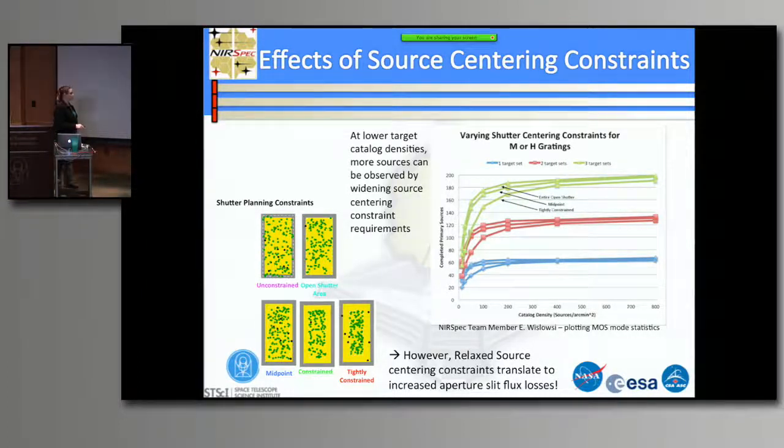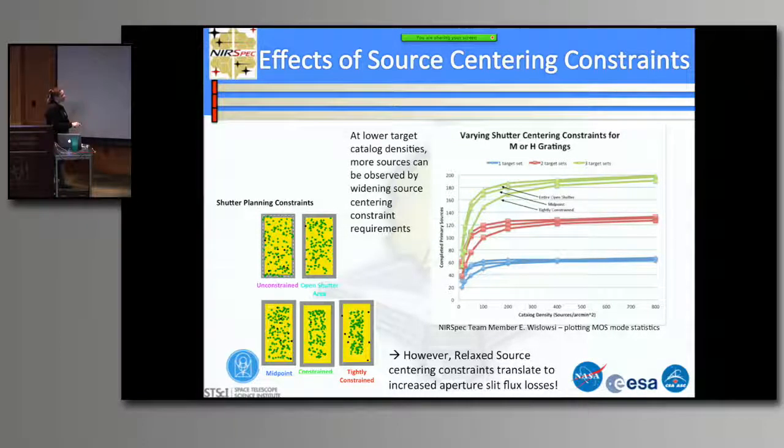So your aperture slit loss in this region will be 90% of the perfectly centered source. Constrained is a similar definition, at 75% of the flux of a perfectly centered source. I should emphasize that this is for point sources, because extended sources with strange distributions might have different allocations. The midpoint is 50% of the flux of a perfectly centered source.